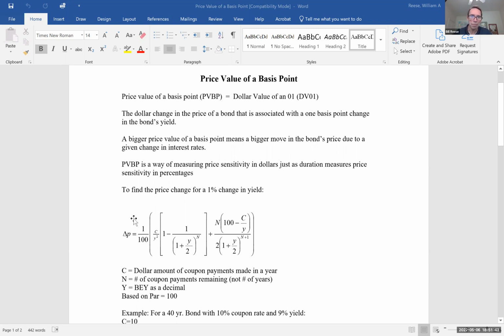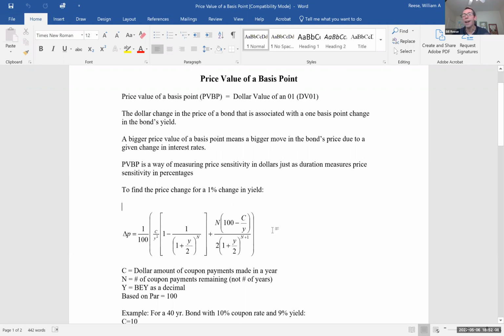That is this formula right here. Like I said, it looks like a rather daunting formula. It's equal to 1 over 100 times C over Y squared times 1 minus 1 over (1 plus Y over 2) raised to the N power, plus N times (100 minus C over Y) divided by 2 times (1 plus Y over 2) raised to the N plus 1.